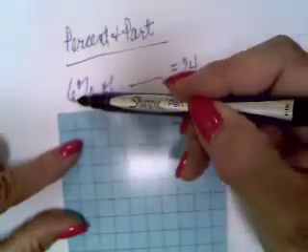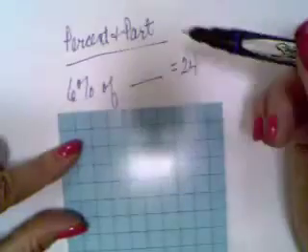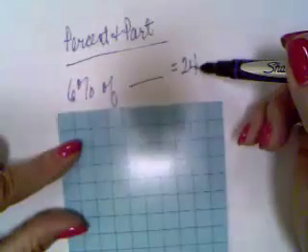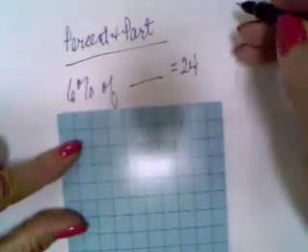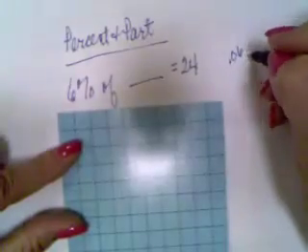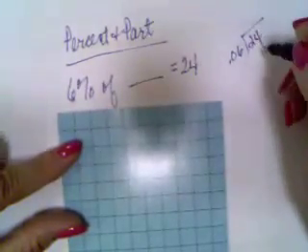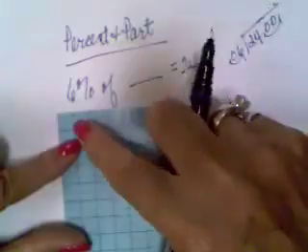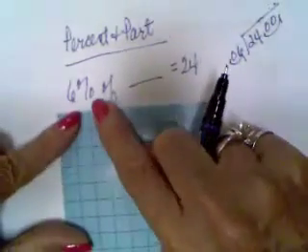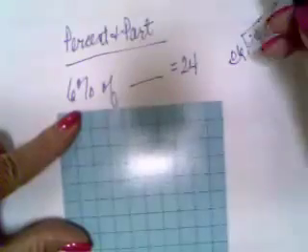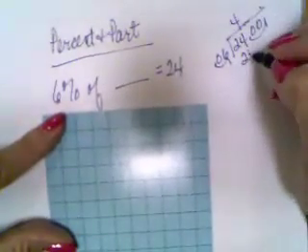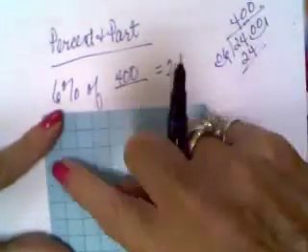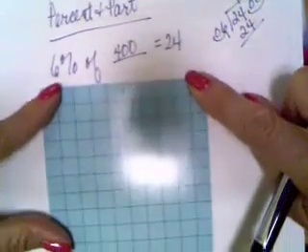So if we have 6 squares that have a value of 24, then we will try to see the value of the total by taking 6% into 24. So the total would have to be 400.